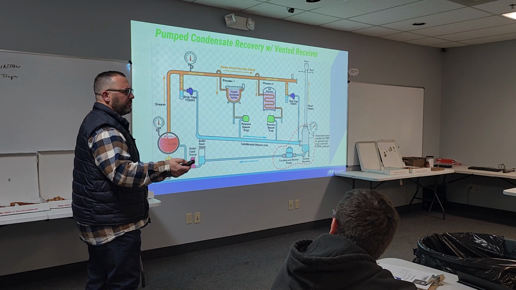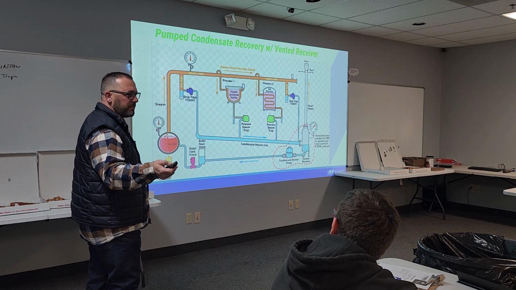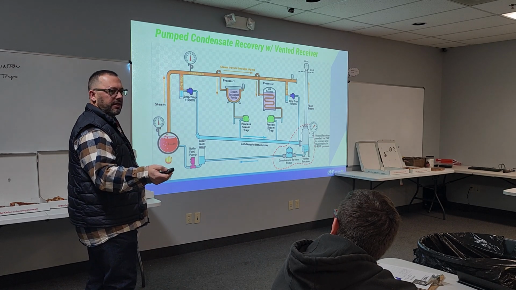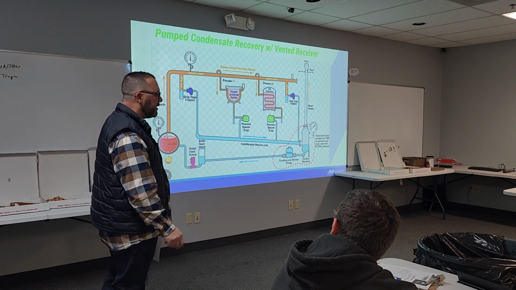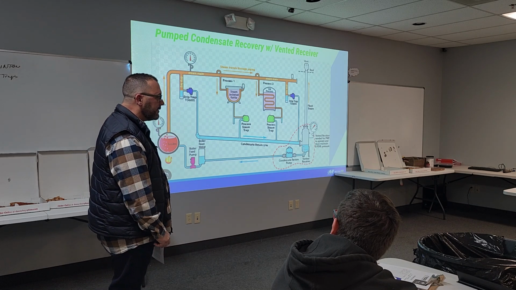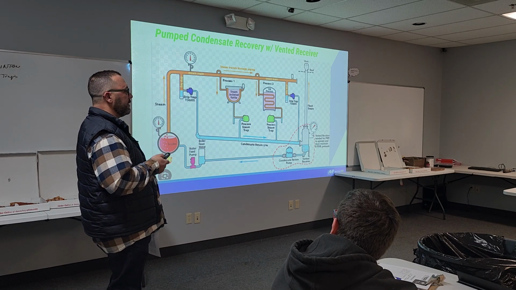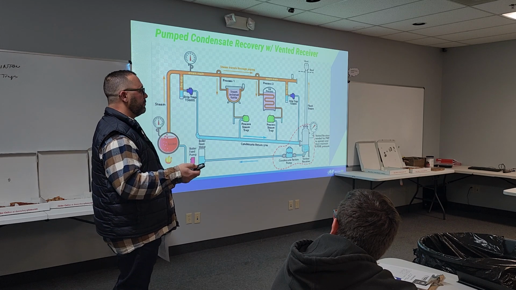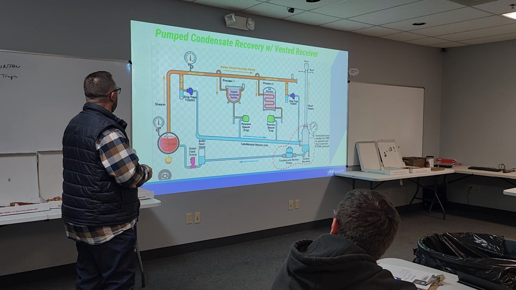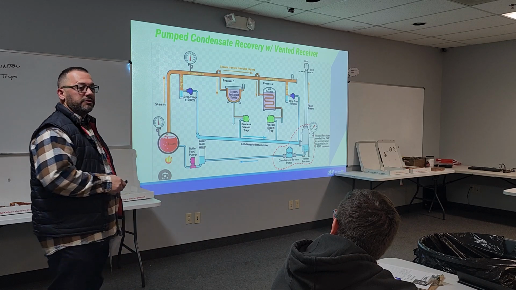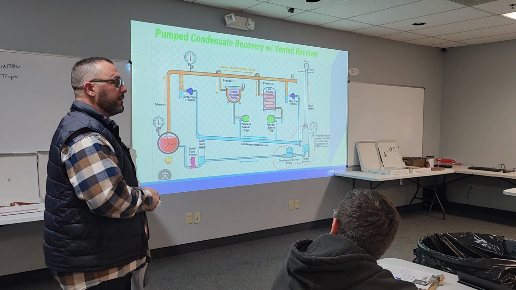People always say, well, what's the right trap? Well, there's multiple answers to that. It's kind of like the way I was taught, are you a Ford guy or a Chevy guy? What do you like? Now, if we're talking low pressure steam below 30 psi, that TD trap there wouldn't be a good choice. And we'll talk about more of that.